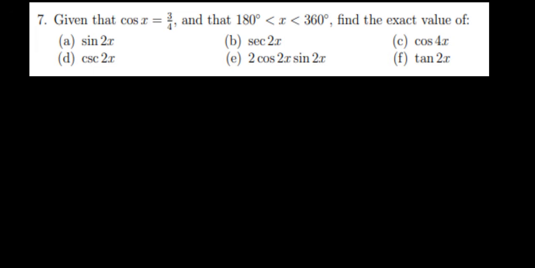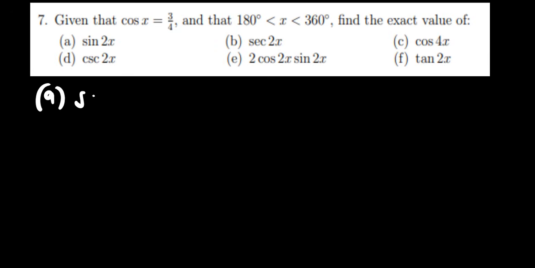Given that cos x is equal to 3 over 4, and that x is between 180 and 360, find the exact value of the following. Okay, this is very interesting. Double angles. So what are we doing? Let's start with the first one.